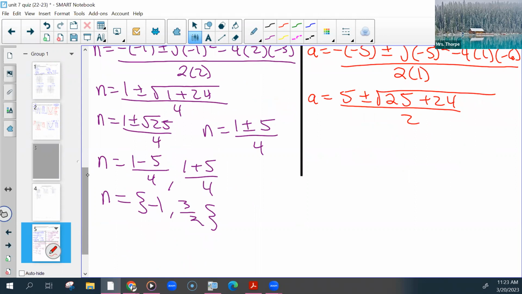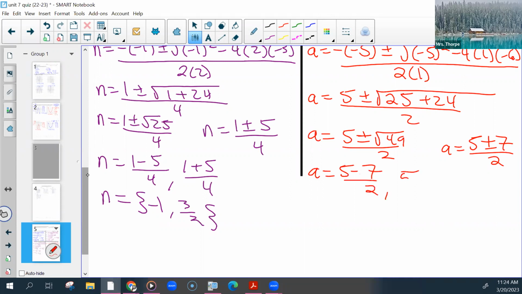Add those together, you get 49. 49 is a perfect square, and you would get 7. Separate them: 5 minus 7 all over 2 and 5 plus 7.